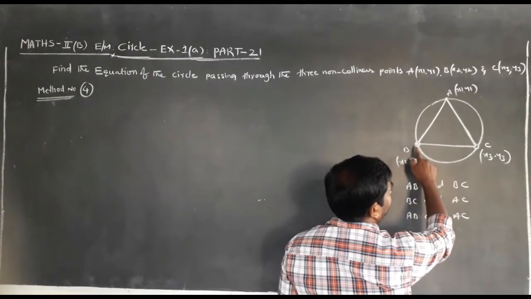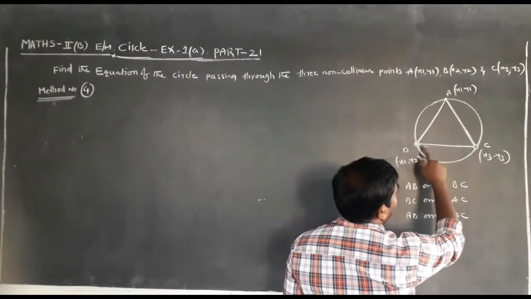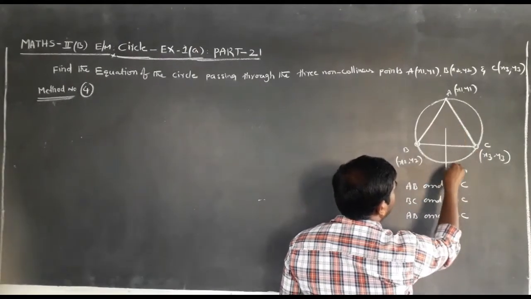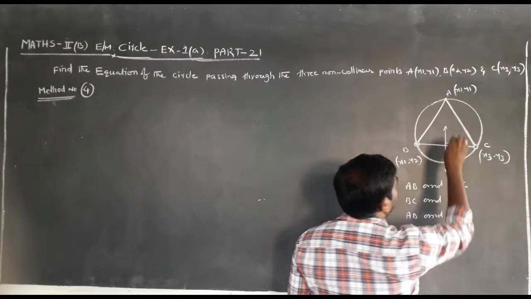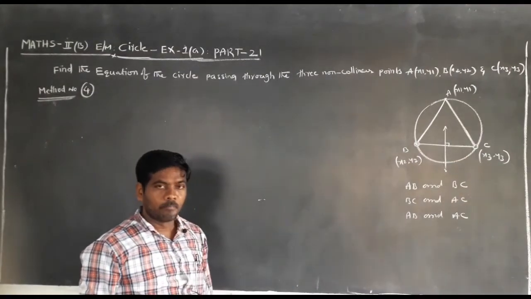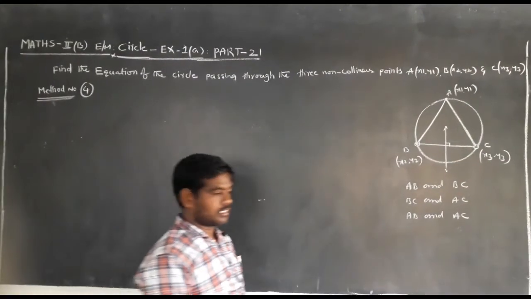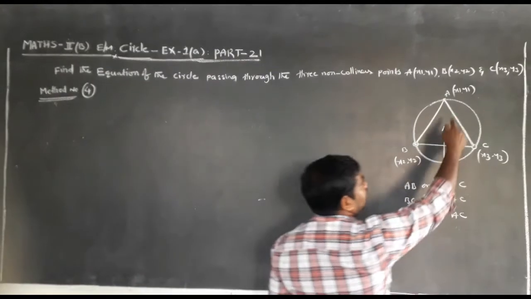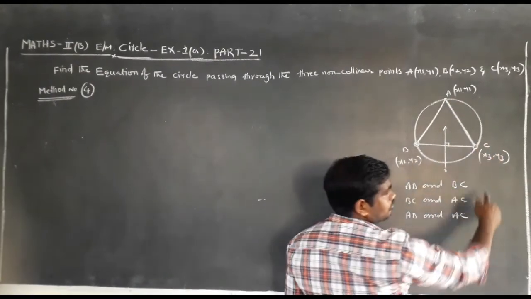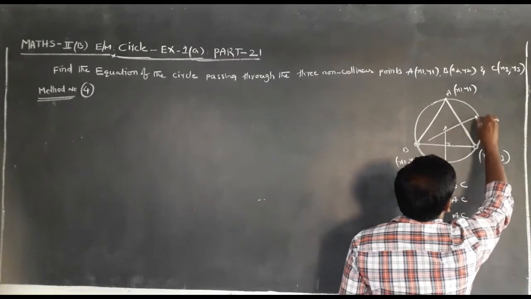First of all, find the perpendicular bisector of the side BC. Again we find the perpendicular bisector of the side AC.